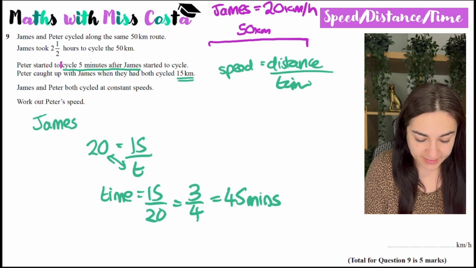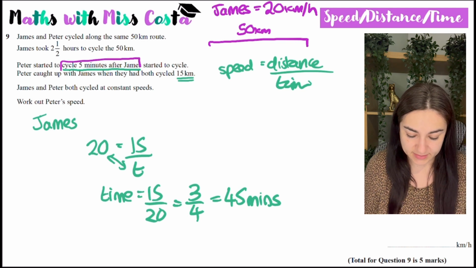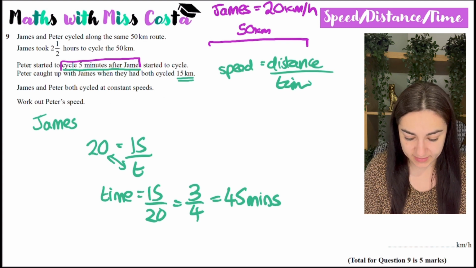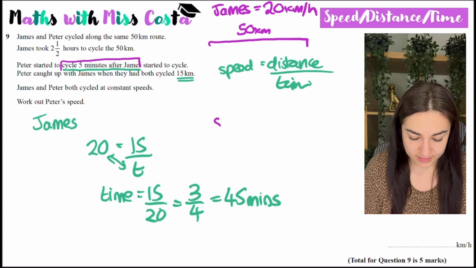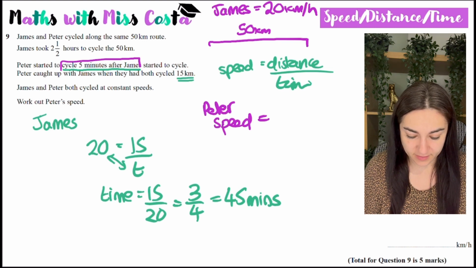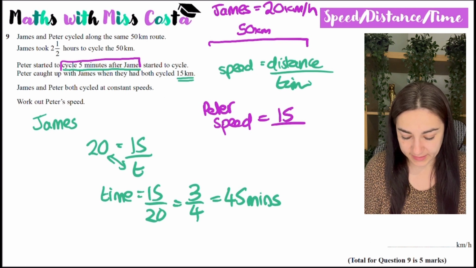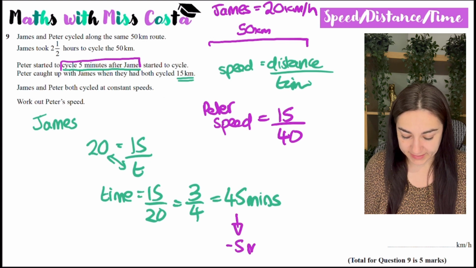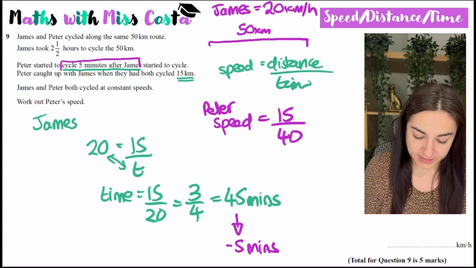Peter started to cycle 5 minutes after James started to cycle. So that means that he must have done the 15 kilometers. So Peter's speed, he must have done the distance, 15 kilometers, in 40 minutes because he started to cycle 5 minutes after James. So we take 5 minutes and it's 40 minutes.